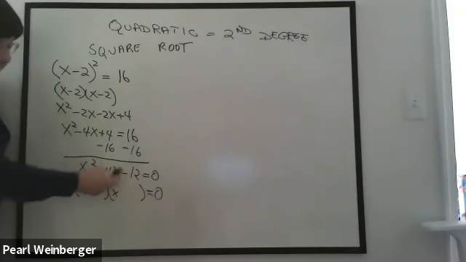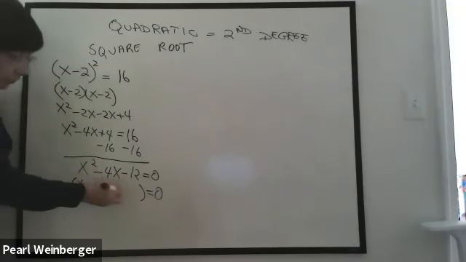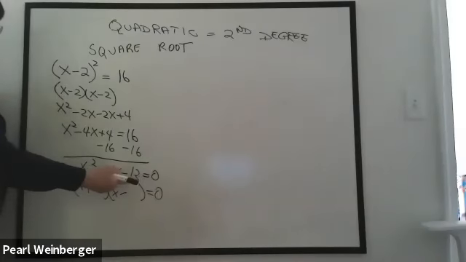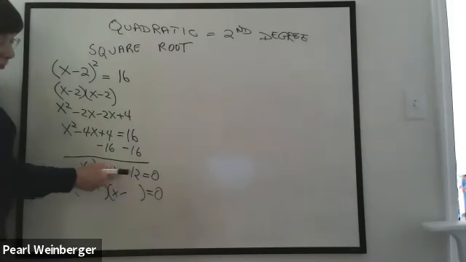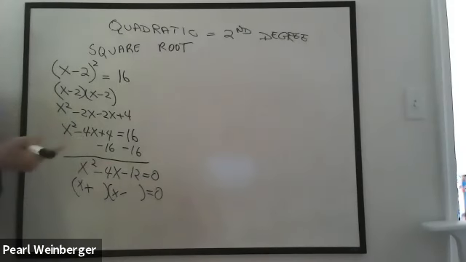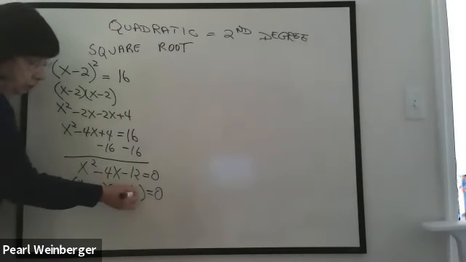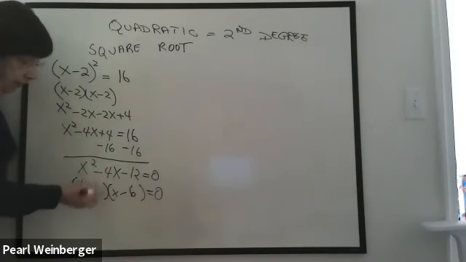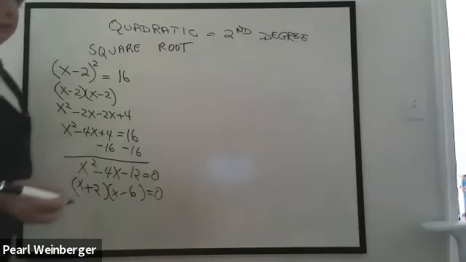The last term is negative, means one is positive and one is negative. And I need two numbers that multiply to 12, but when I subtract them, will give me 4. Obviously, that's 6 and 2. And the larger number, the 6, will be the negative because the middle term is negative.